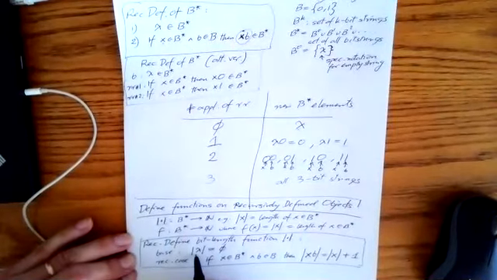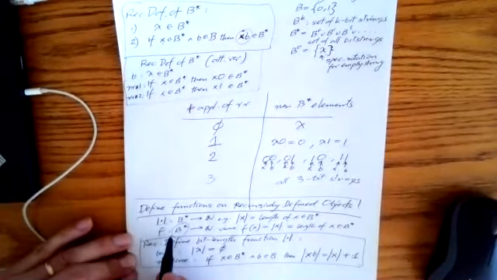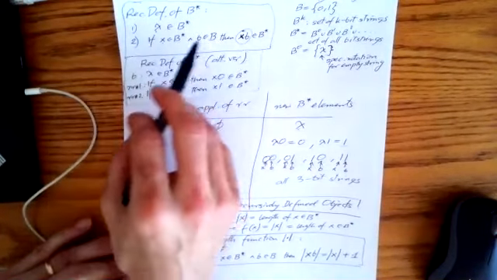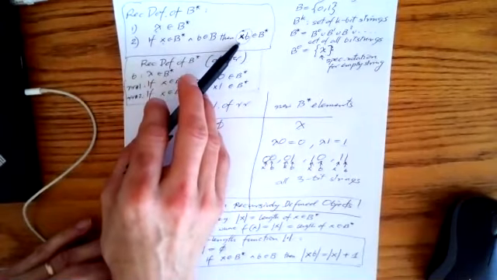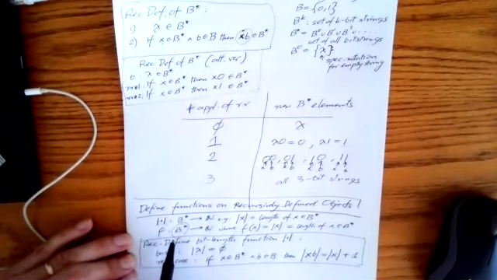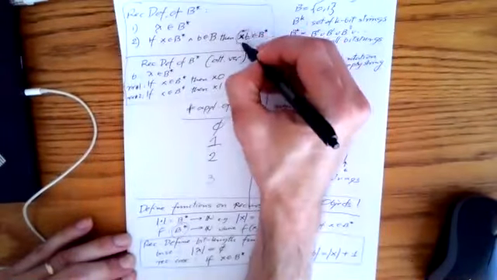Is this function well defined on all elements of B star? It has to be defined on all elements in the domain, where there are two cases. Something is in the domain if it's in the base, or it's created by some applications of the recursive rule. If it's in the base, then I declare in the base case the value of this function f on that element.